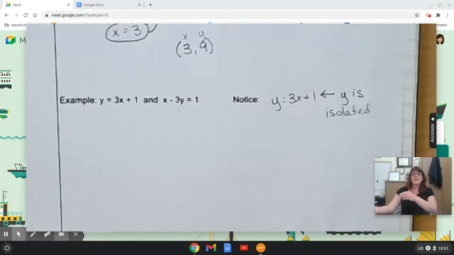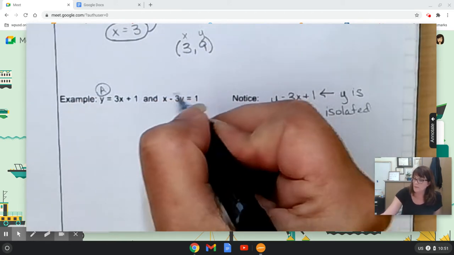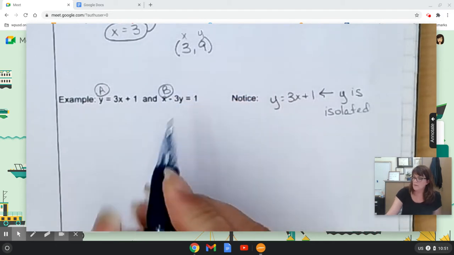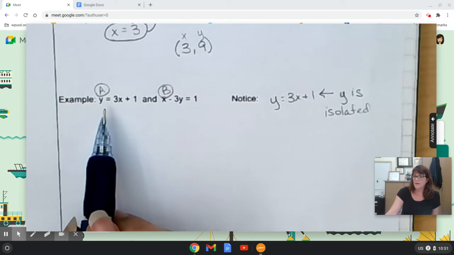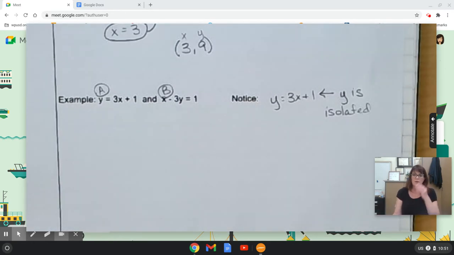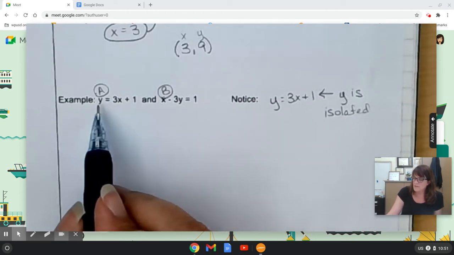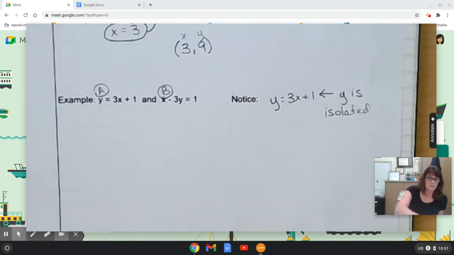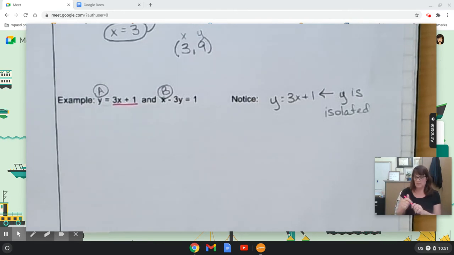So we're going to want to use that one to be the substitute, the thing we put in instead. So again, I'm going to label my equations just so it's easier for you to follow along. Since this one's already isolated, I'm going to use that piece of information right there.